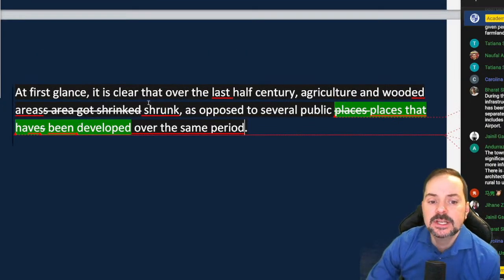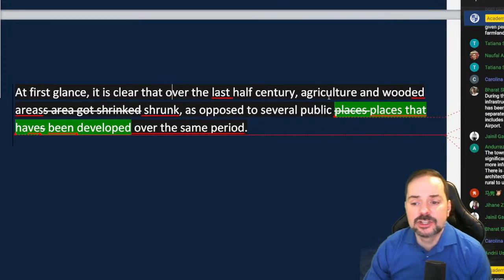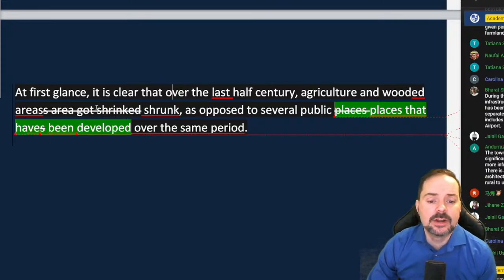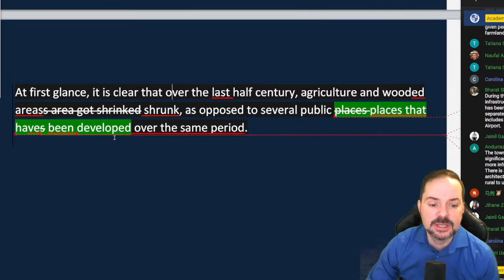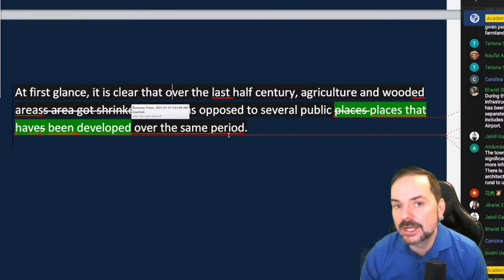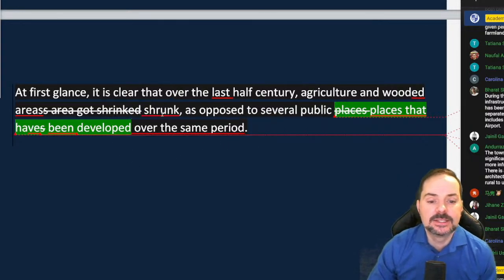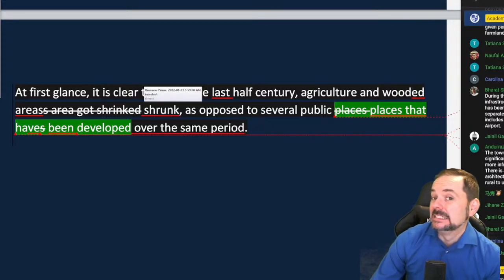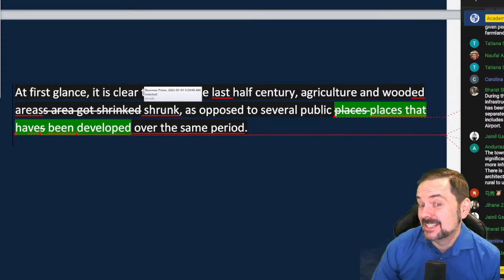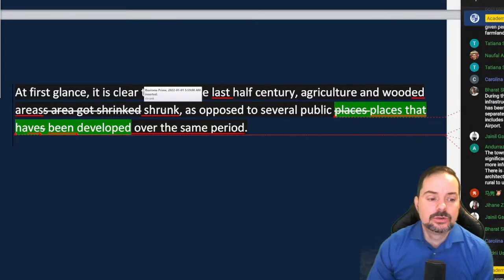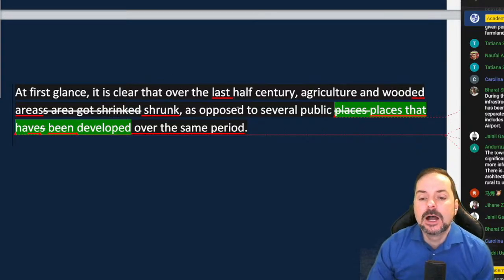So at first glance, it is clear that over the last half century, agriculture and wooded areas shrunk as opposed to several public places that have been developed over the same period. Now that's a correct band 9 level sentence as opposed to a band 5, 6, 5-ish. Okay, so careful with that.